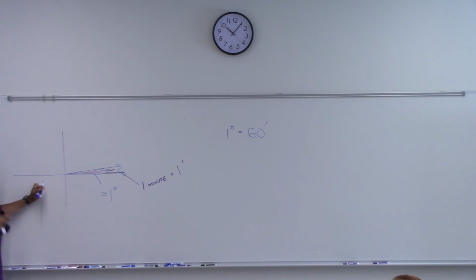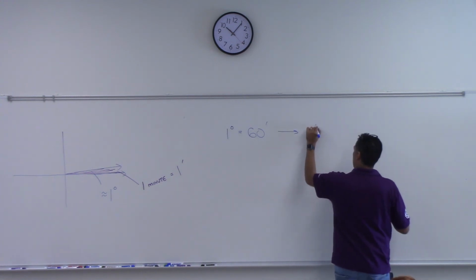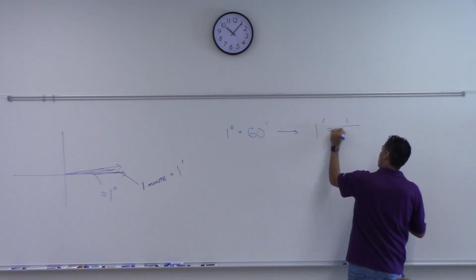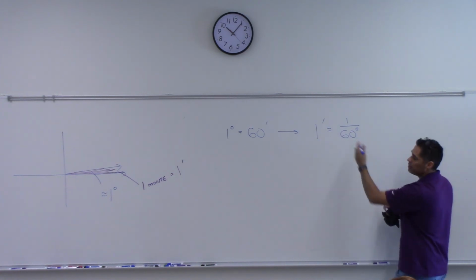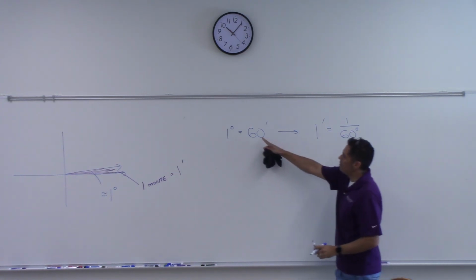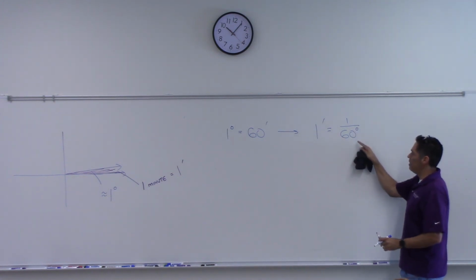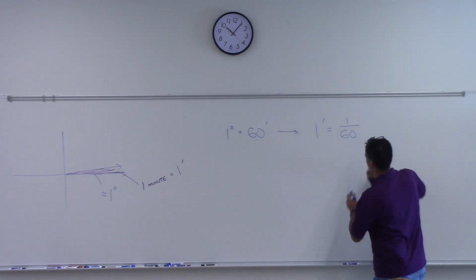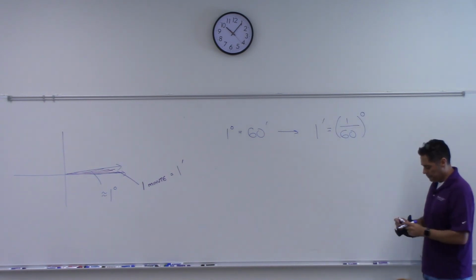So you could say that 1 minute is 1/60th of a degree. Those are equivalent.